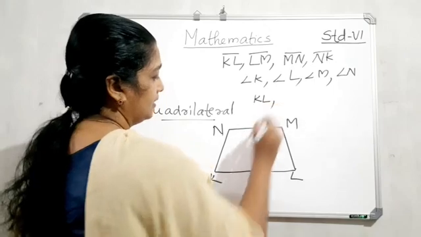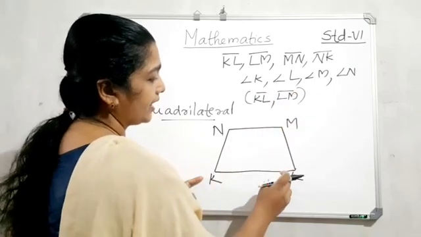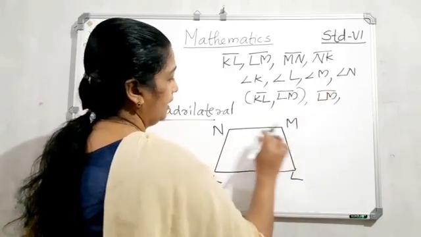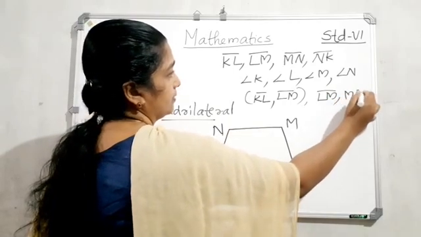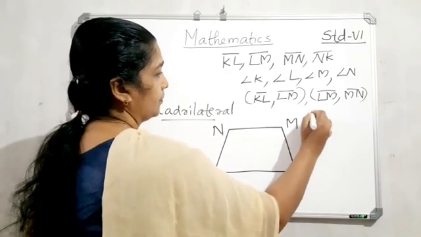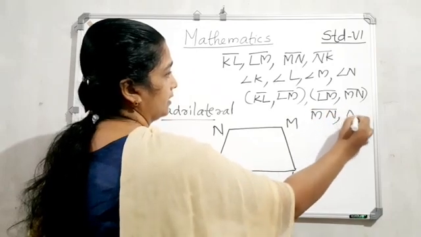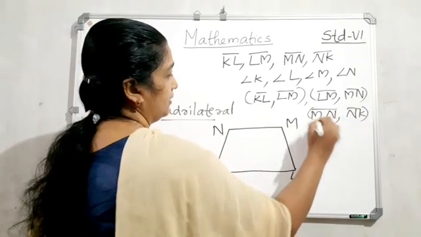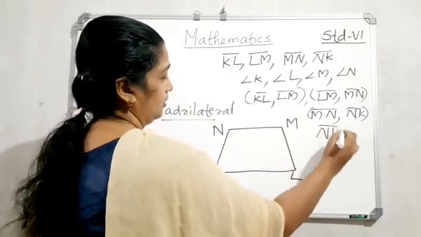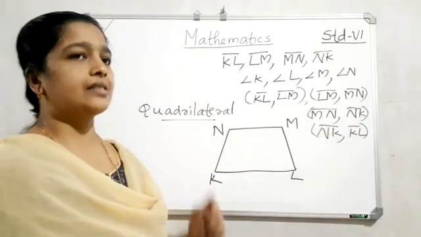KL and LM, next LM and MN, next MN and NK, and NK and KL. These are the adjacent sides.